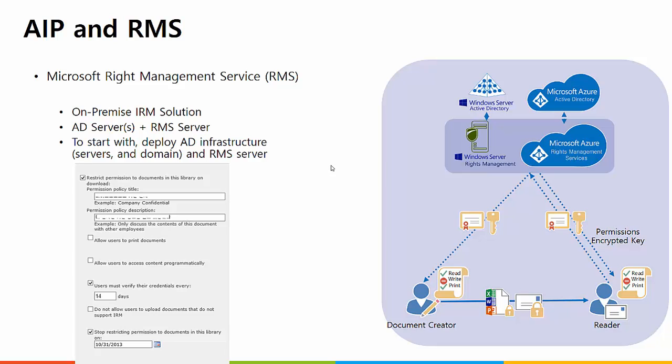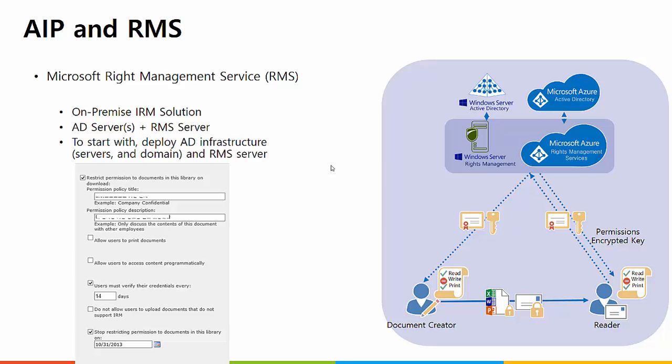So RMS is basically an on-premise solution, which requires AD infrastructure in your company. And then to use the RMS, you need to deploy AD infrastructure first, which has domain controller and DNS services. And then you need to deploy RMS server in your network.